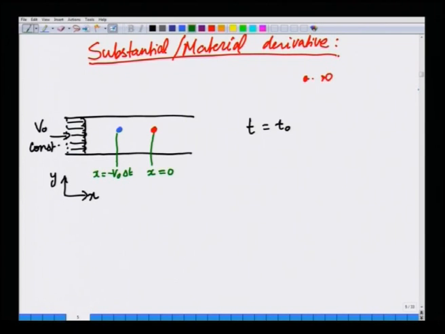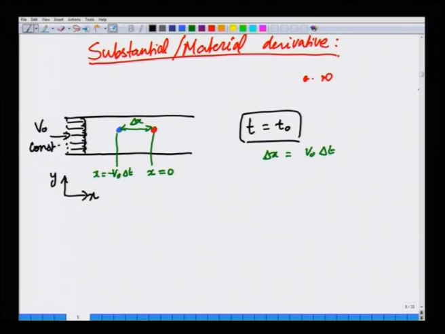So, we are looking at two fluid particles which are separated by a distance delta x, and that delta x is v naught delta t, where delta t is the time interval that we are going to introduce shortly. Imagine two fluid particles identified by their colors blue and red, and we are following the motion of these two fluid particles as a function of time. At time t equal to t0, this is the situation.